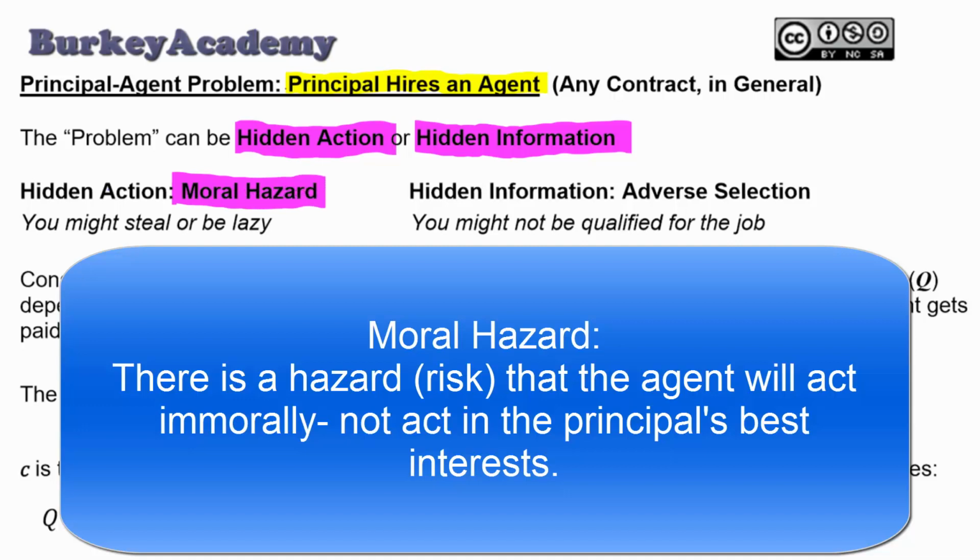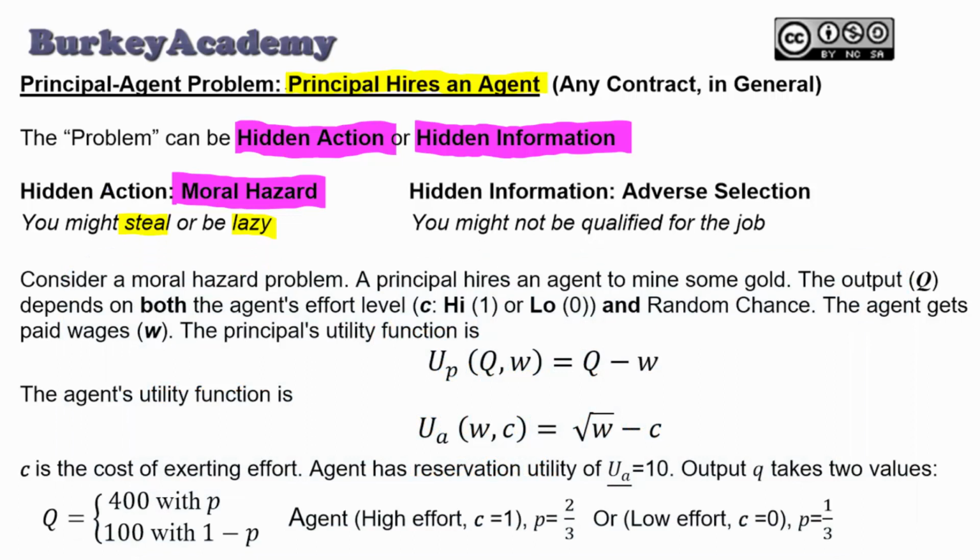So hidden action, moral hazard. For example, I might hire someone and worry that because I can't watch everything they're doing, they might steal from me or not work as hard as I expect. I can't observe whether they're stealing, or whether they're being lazy or working hard, and so this is a moral hazard problem.